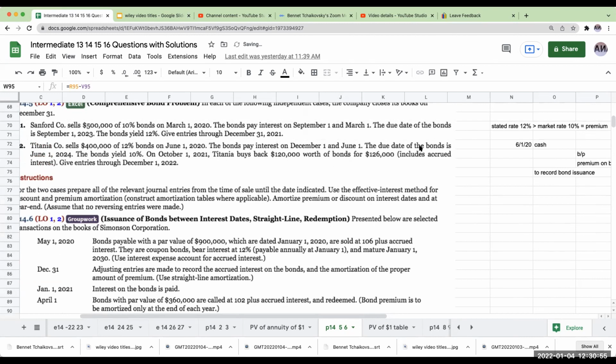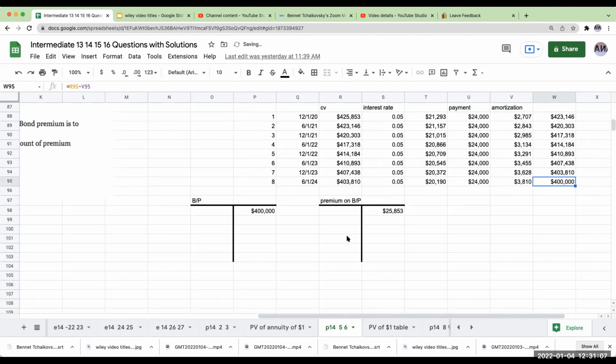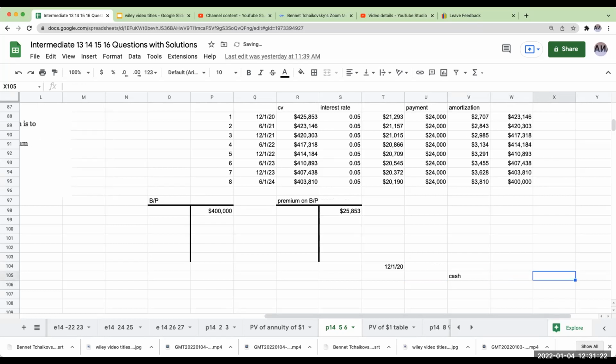So we redeemed the bonds on October 1st, 2021. So what I'm going to do for this is let's go ahead and just record the bond entries for 2020. So what does 2020 look like? On 12/1/20, when I pay interest on my bonds, I'm going to be crediting cash for 24,000.